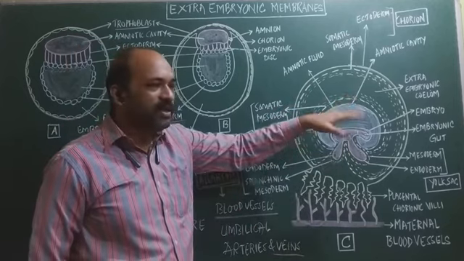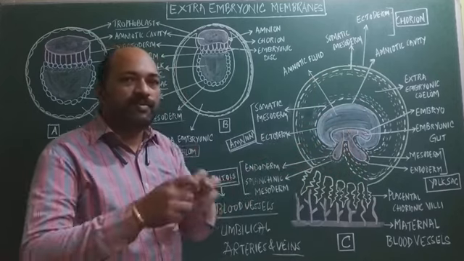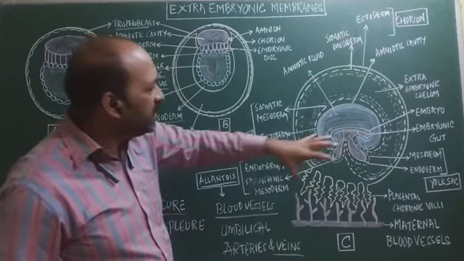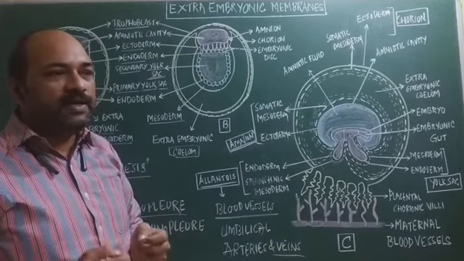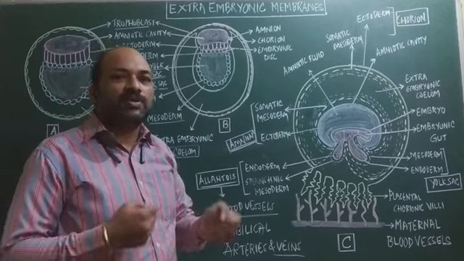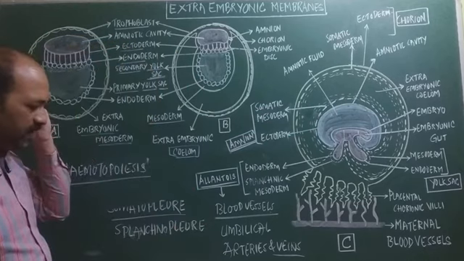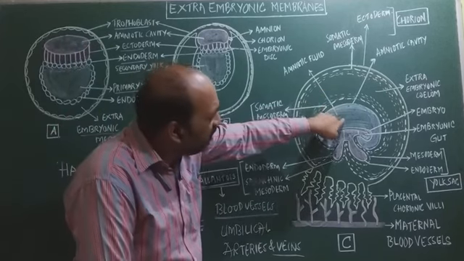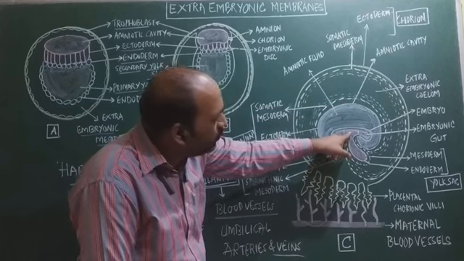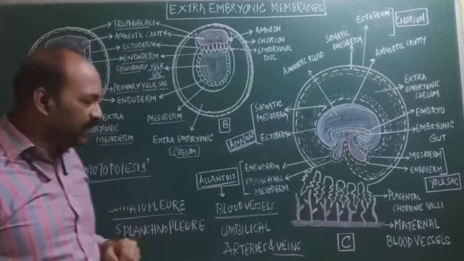Later in the developmental stages, the fetus starts making movements inside the amniotic fluid, and thereby it helps in muscular movements also. Third, this amniotic fluid prevents attachment of the embryo to the amnion.